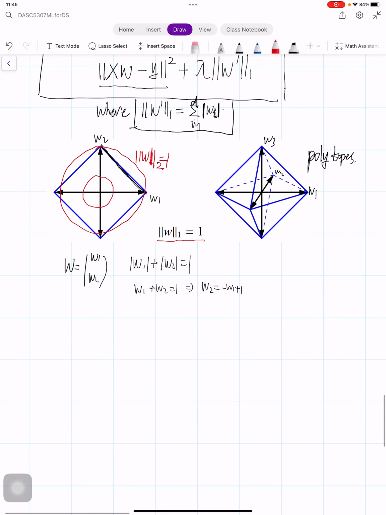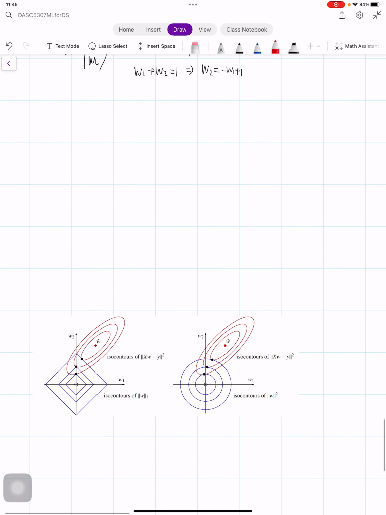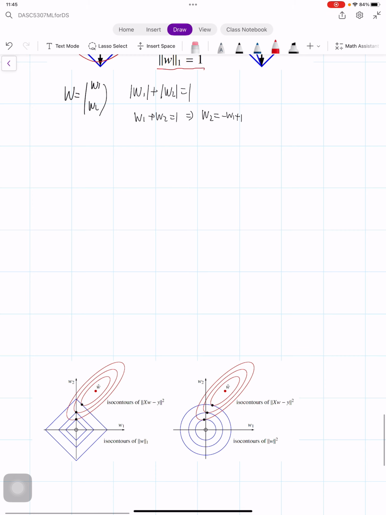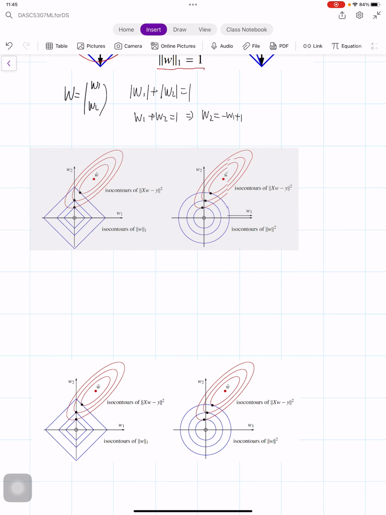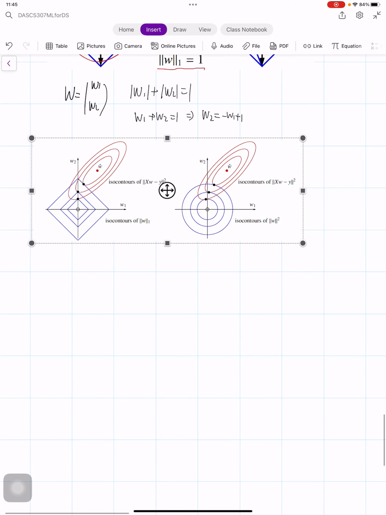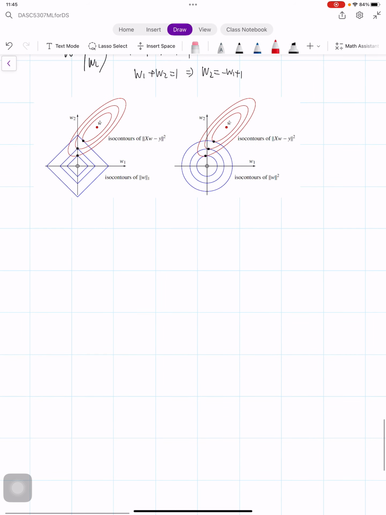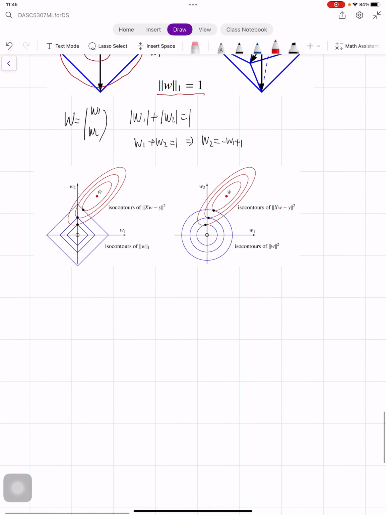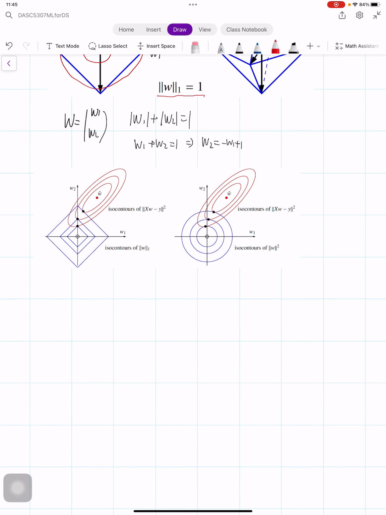So then you may think, why does that even matter? Actually, the following plot shows the difference. First, the red ellipses are the iso-contours of the linear regression loss, so this is without regularization, and this will be the minimization point.